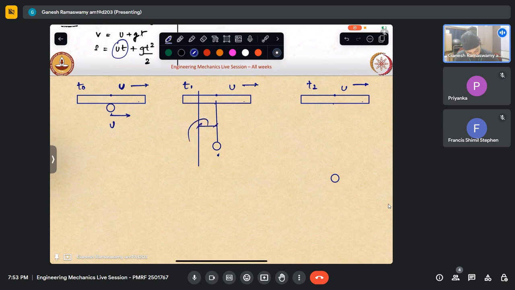This distance would be u times t1 minus t naught. Let me take t naught to be 0 for ease, so this will be u t1. Similarly, with respect to the initial position, at time t2 it would have traveled u t2. Same goes for the person also.